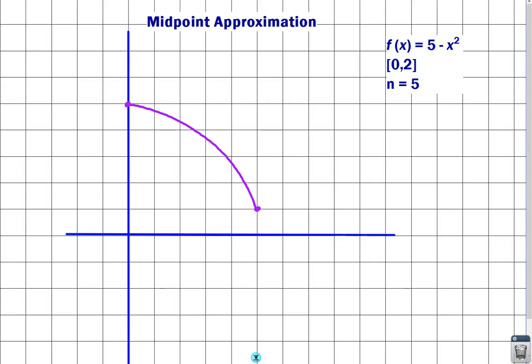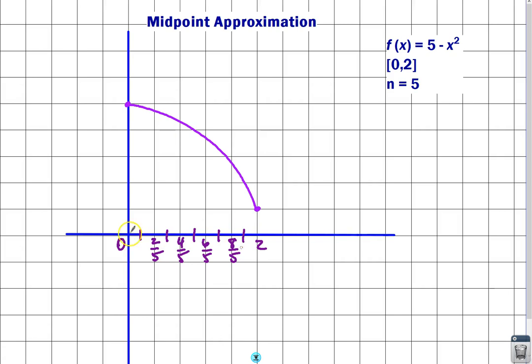Okay, again, same function, 0 to 2, same number of rectangles, and I had from 0 to 2, 2/5, 4/5, 6/5, 8/5. But now I don't want to evaluate it at these points right here. I actually want to evaluate my function at the midpoint of these two places.